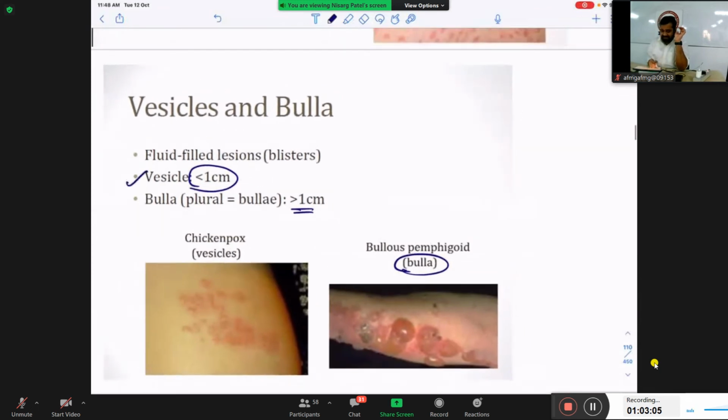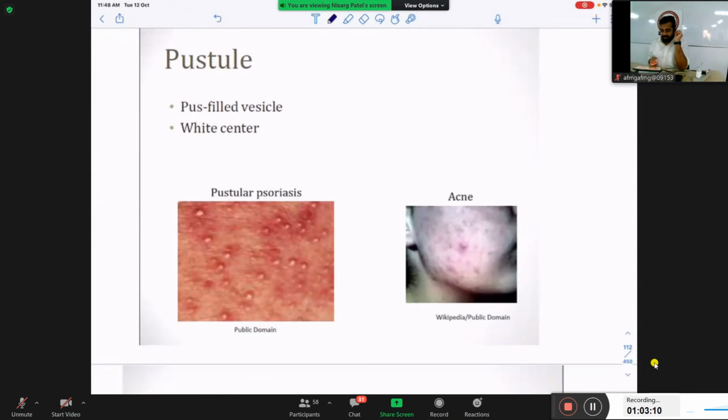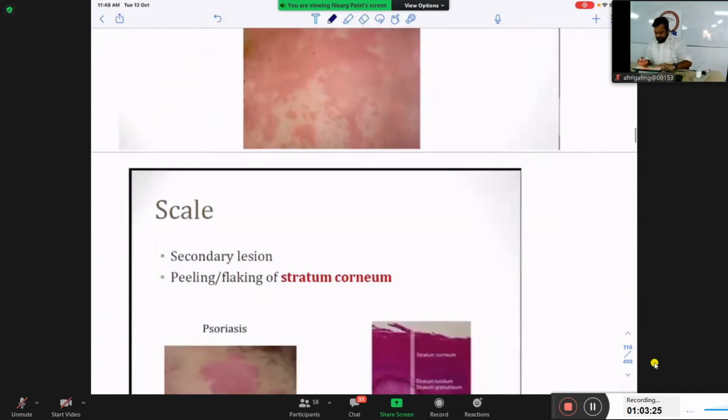If the size is the same, but I see pus inside it, I will term it a pustule. Vesicle has clear liquid, pustule has pus. What is a wheal? Wheal or urticaria. It is a dermal edema.